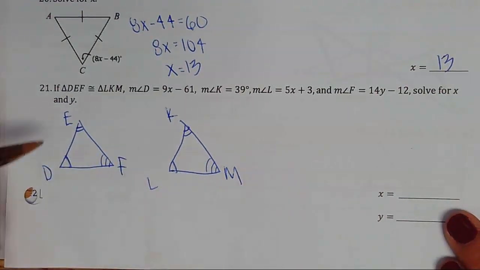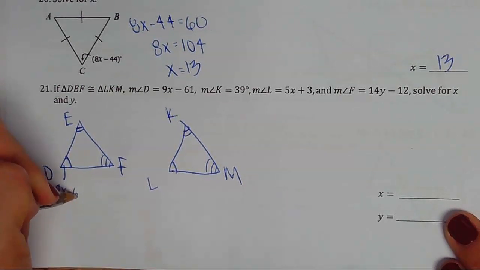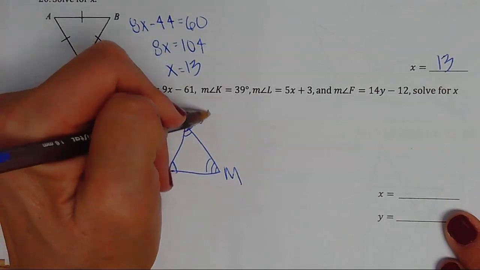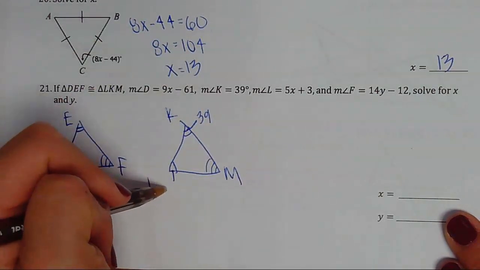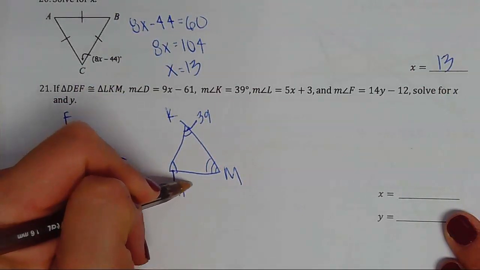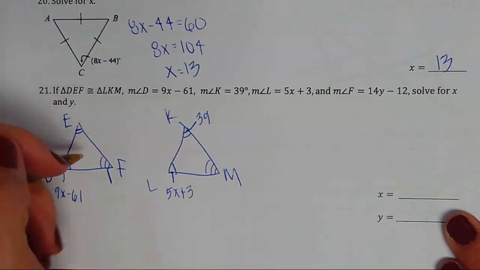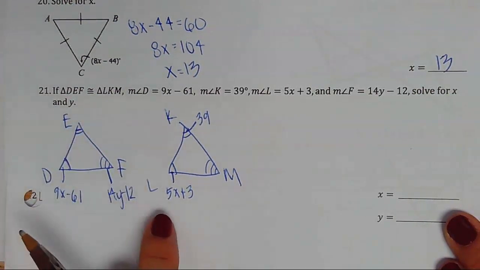All right, first up, D is equal to 9X minus 61. K is equal to 39. L, this guy right here, is equal to 5X plus 3. And F, down here, is equal to 14Y minus 12.